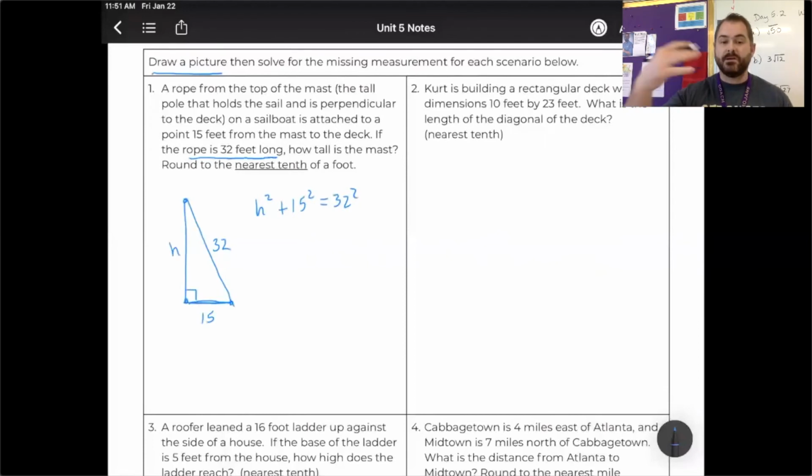Okay, and if we did our Pythagorean theorem, 15 squared is 225. Okay, 32 squared, let me get my calculator out, is 1024. And I subtracted 225 from both sides.